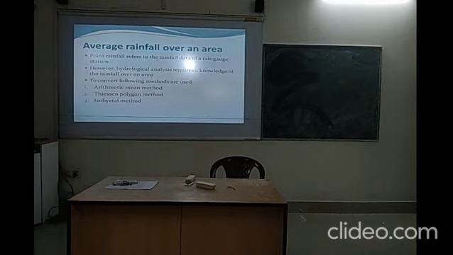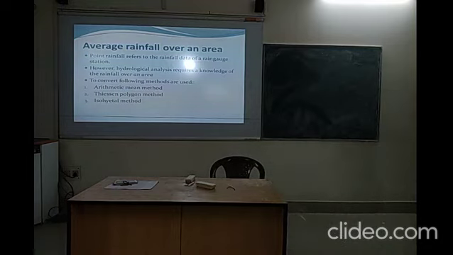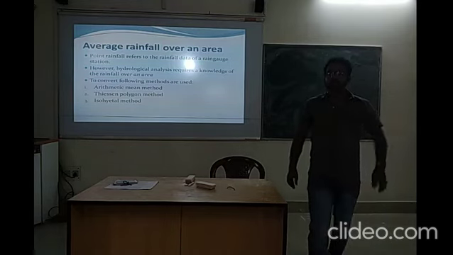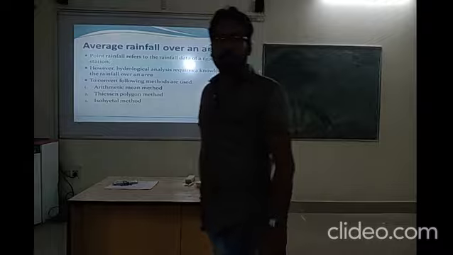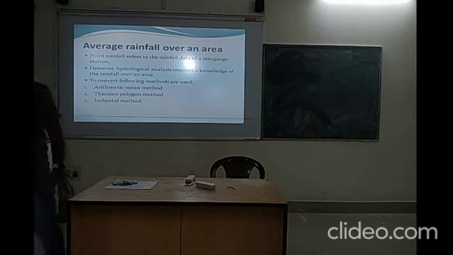Next we will discuss the average rainfall. We have already discussed that one rain gauge station will not be enough to say what the rainfall is in a particular area.